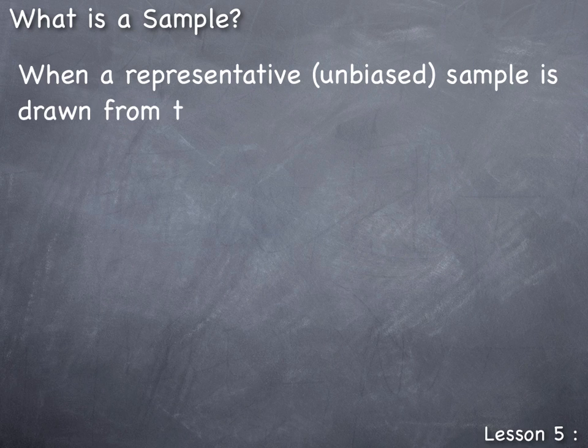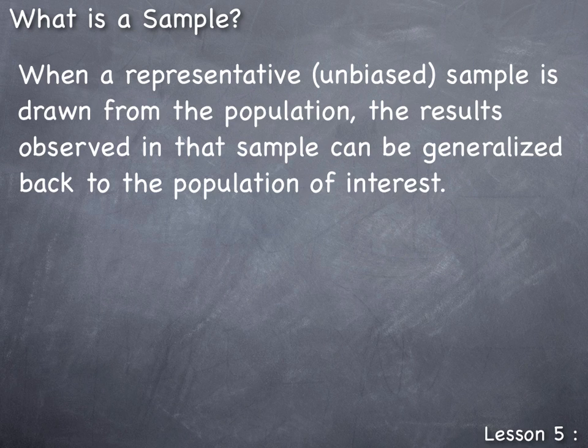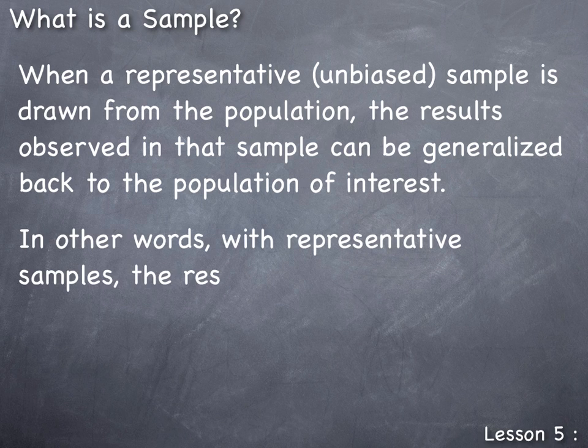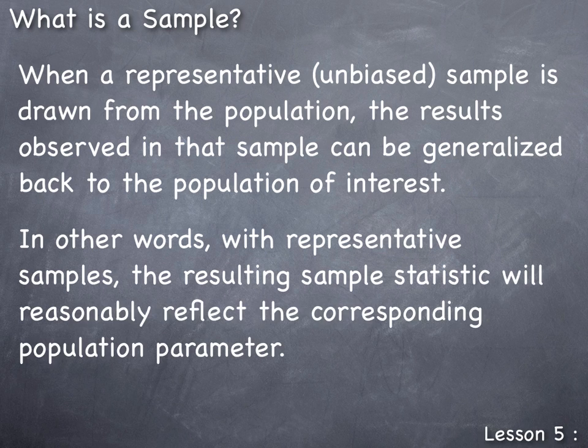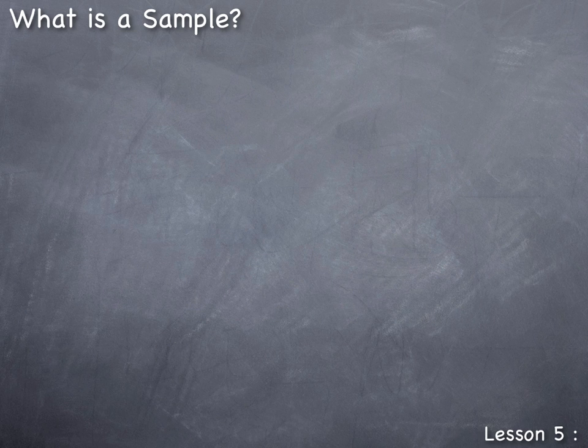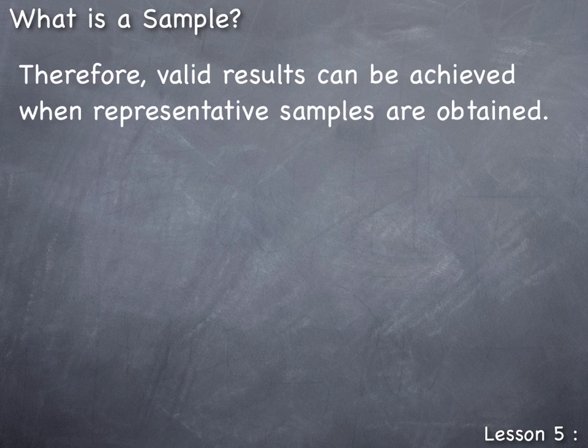When a representative or unbiased sample is drawn from the population, the results observed in that sample can be generalized back to the population of interest. In other words, with representative samples, the resulting sample statistic will reasonably reflect the corresponding population parameter. Therefore, valid results can be achieved when representative samples are obtained.